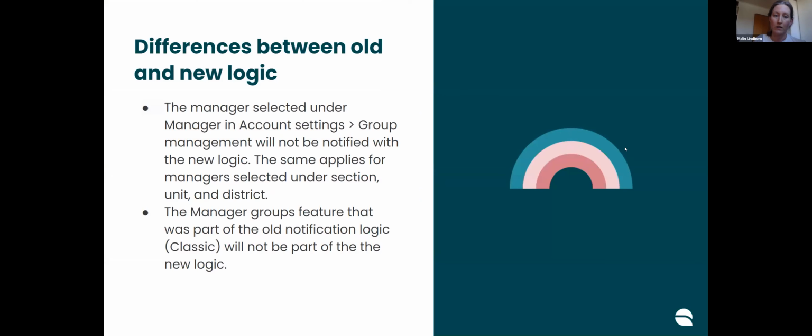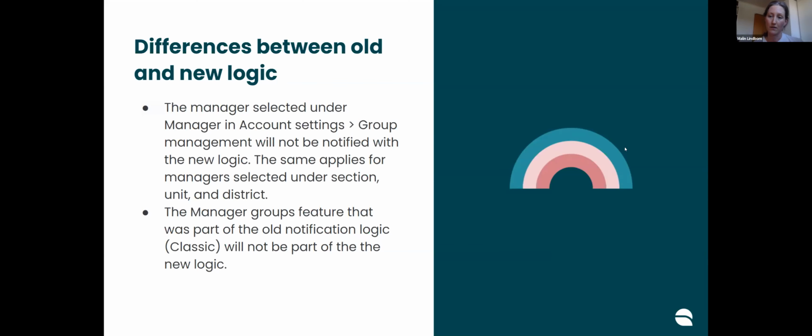So before I go into the details of the logic, there are two main differences, at a high level, between the old and the new. The first thing is that in Classic, you could define a manager per group. So you could define a specific manager on a unit, for instance, or a section or a district.